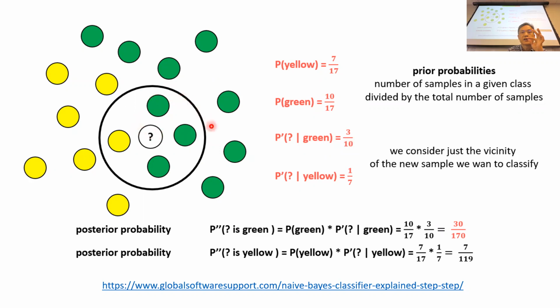So this is a sample-related local probability, and your prior probability is global. Within this circle, you're supposed to be green is 3 out of 10.